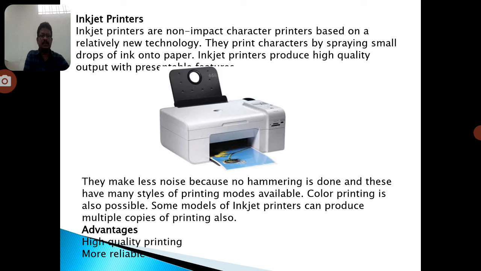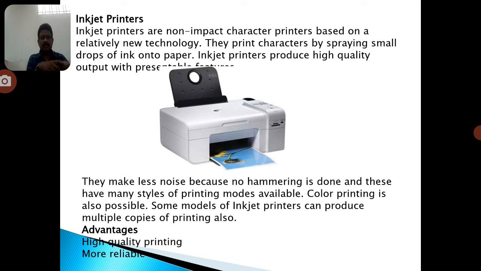They print characters by spreading small drops of ink on the paper. Some of the devices can be filled with an ink bottle, which they fix inside this particular printer. So the paper takes the ink image and finally it is printed.